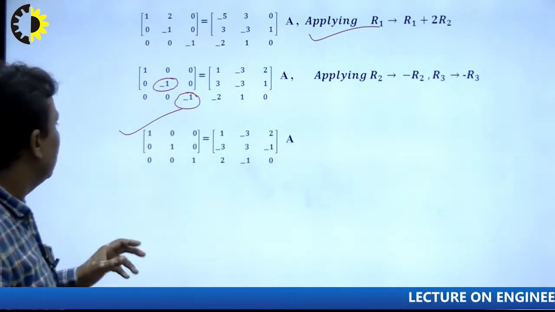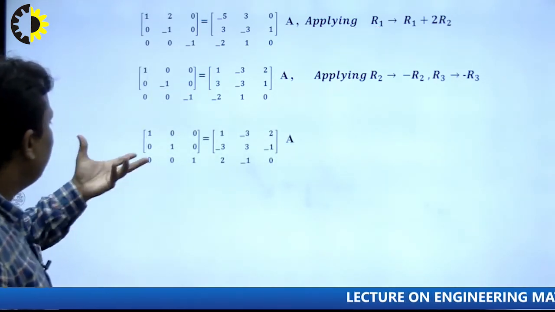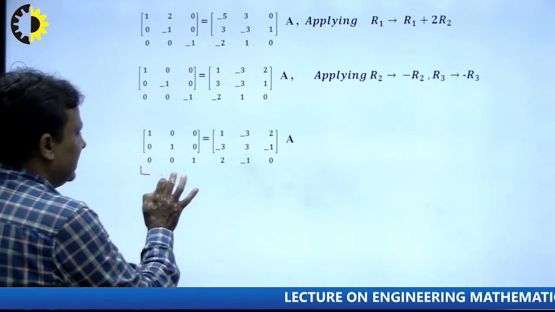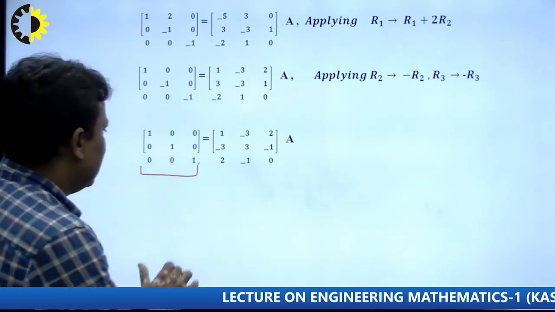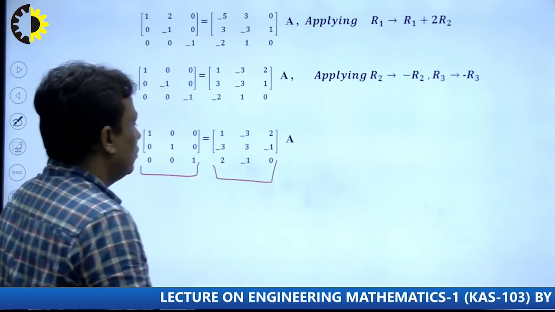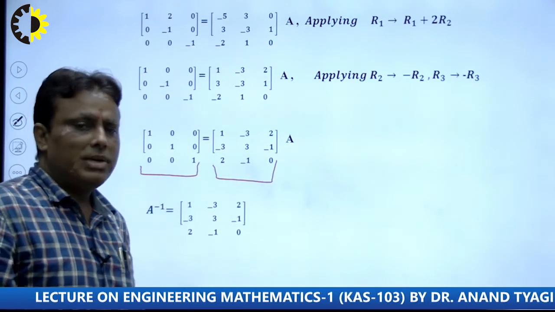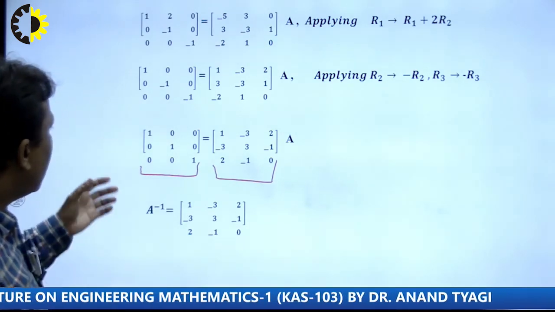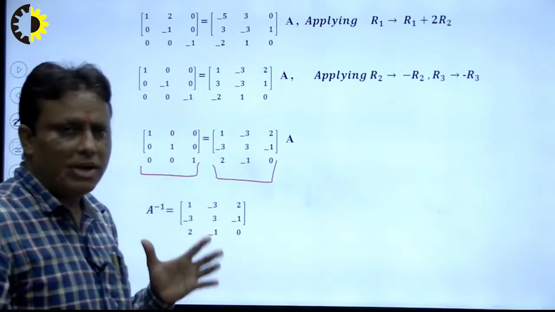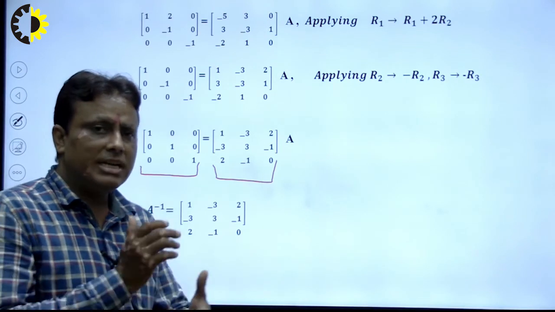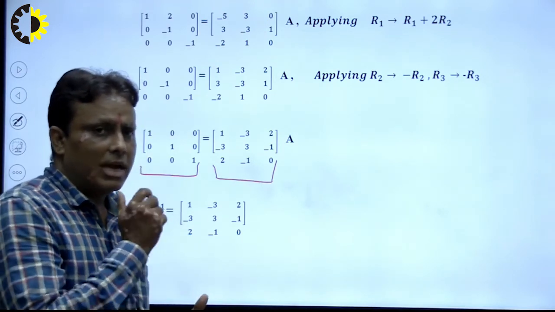In this way we find the identity matrix, and this will be the A inverse. So A inverse of the given matrix is this. Students should use the operations very carefully, because these are digits. If we calculate a wrong digit, the answer will be wrong.